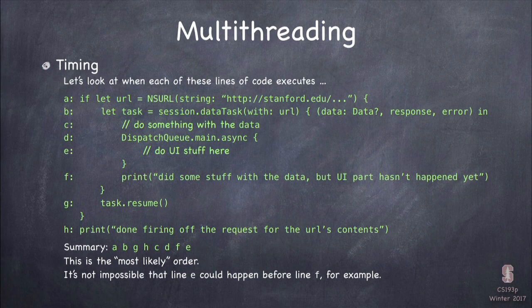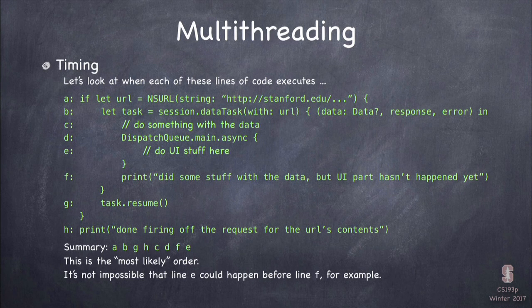So to summarize, it's A, B, G, H, C, D, F, E. Now, the thing about this, it's actually not necessarily exactly this way, because when you dispatch things to the main queue from the main queue, they could run right away.